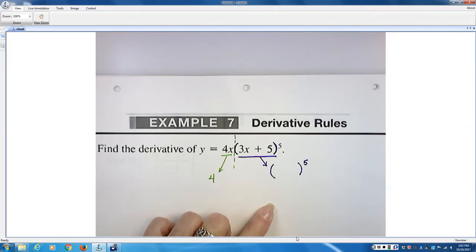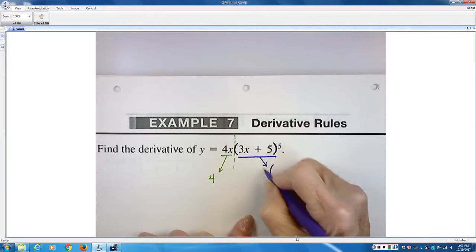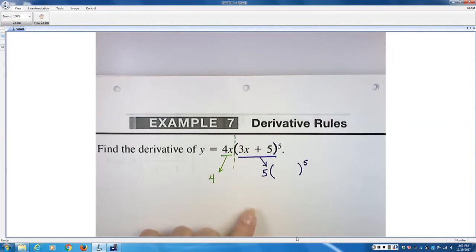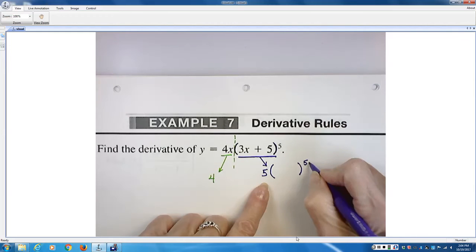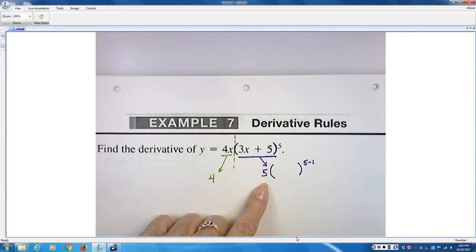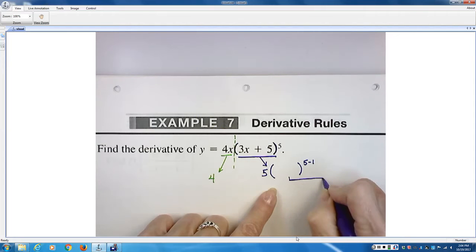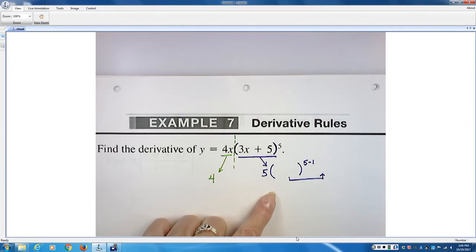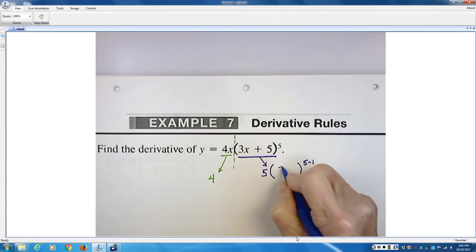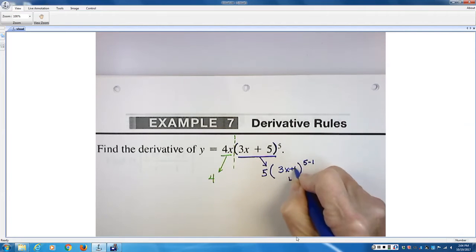So the way we take that derivative is we drop that 5 down in front of the parentheses, because this is just straight power rule. Then reduce the power by 1, but then we have to take the derivative of what's inside the parentheses. And what's inside the parentheses is 3x plus 5.